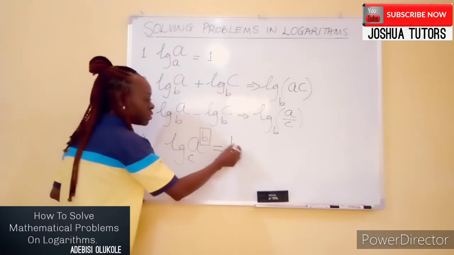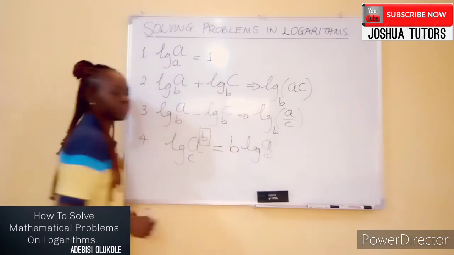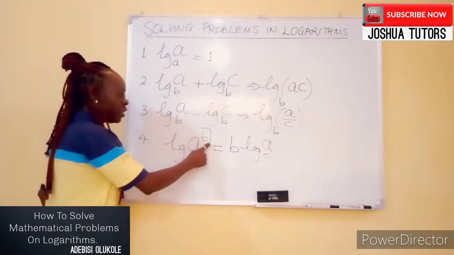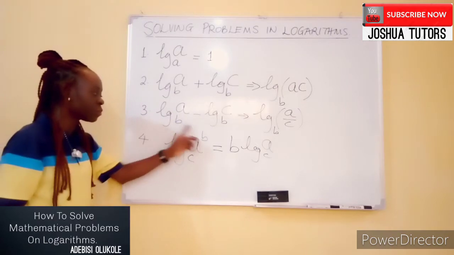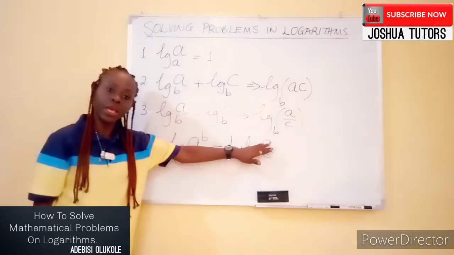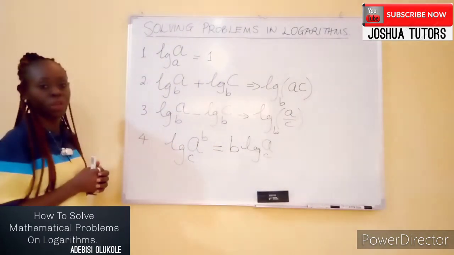So it's going to read as b log a to base c. If it's raised to the power of b, it means that I can bring b down to become a coefficient, to become b log a to base c. So basically, these are just a few of the laws of logarithm.